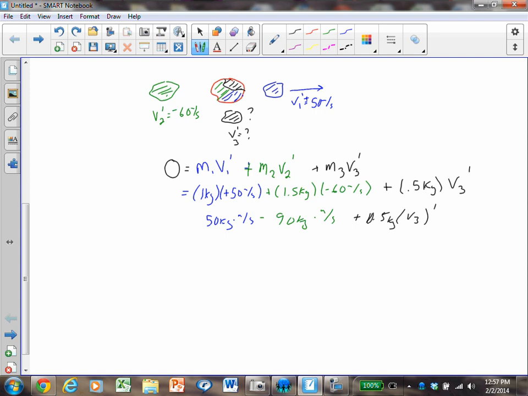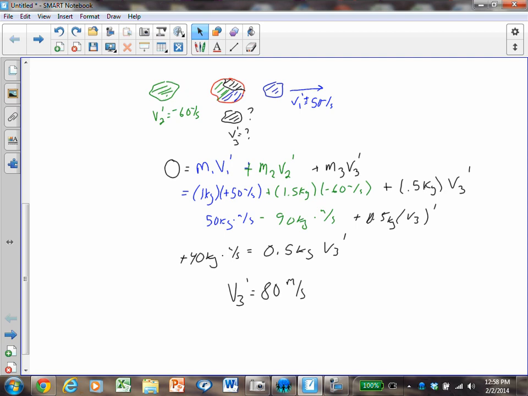Bring it to the other side: plus 40 kilogram meters per second equals 0.5 kilograms V3 prime. Divide 40 by 0.5. V3 prime equals 80 meters per second. Okay?